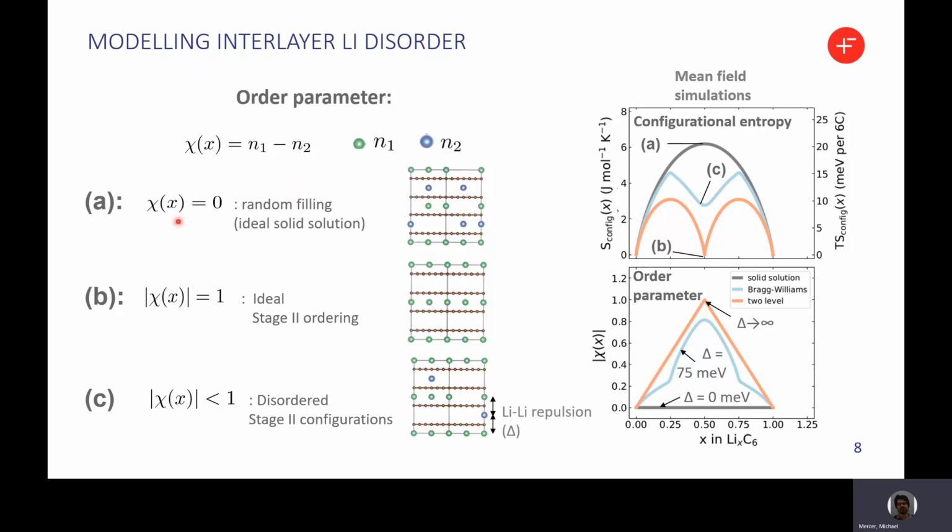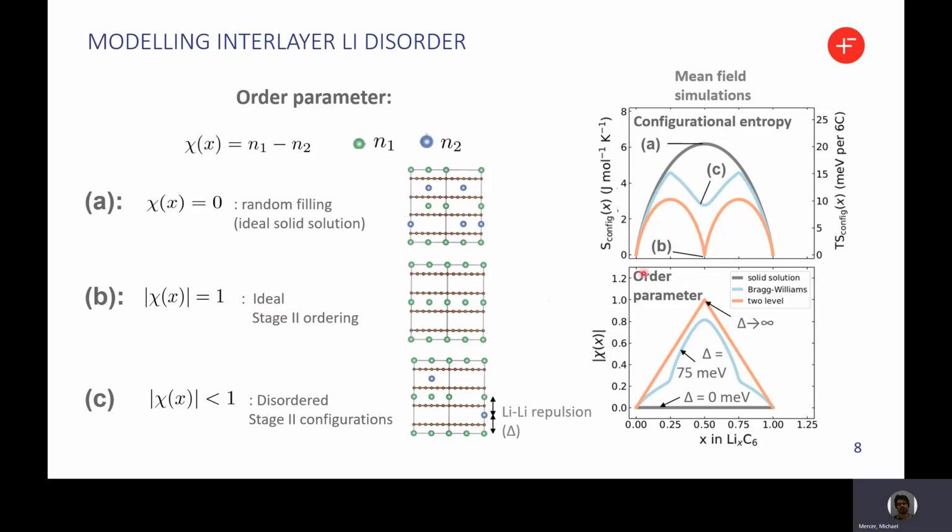And these two cases can be distinguished by an order parameter. An order parameter of 0 means that you have random filling, and if the magnitude of the order parameter is 1, then you have perfect stage 2 ordering.